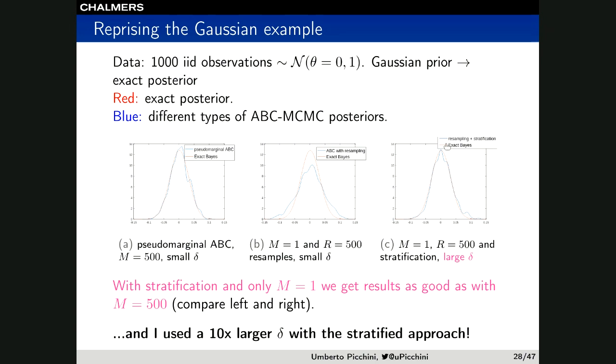This is what we obtain in blue. So we get results that are as good as the standard pseudo-marginal with 500 independent data sets. But notice that here we had to use a large delta, or otherwise we have lots of rejections. We used a delta which is 10 times larger than the delta that I used here or here. But I got good inference.